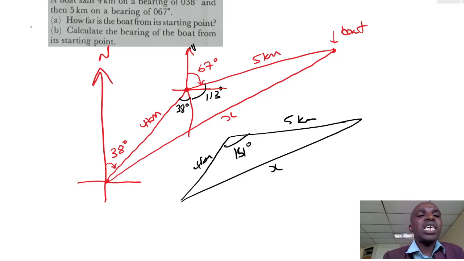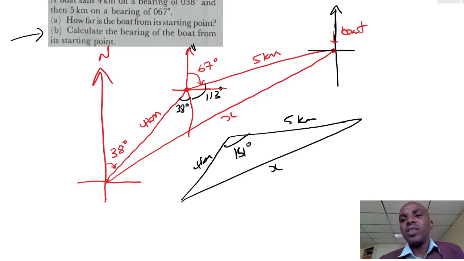Now, for the angle, that's part B, calculate the bearing of the boat from its starting point. You have to go where the boat is, this point. You draw your north, then even your east. Then the angle needed is from the north to this line. This is the angle that we need, right? And this angle is made up of two parts.